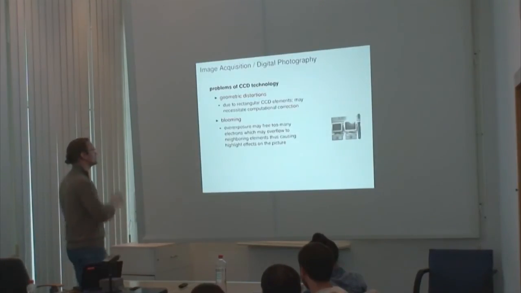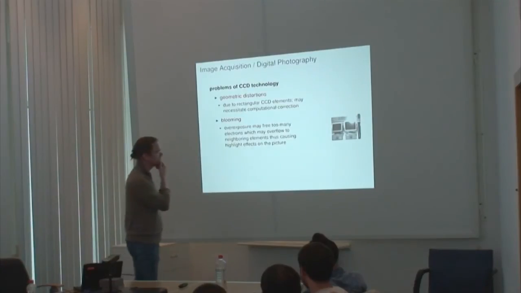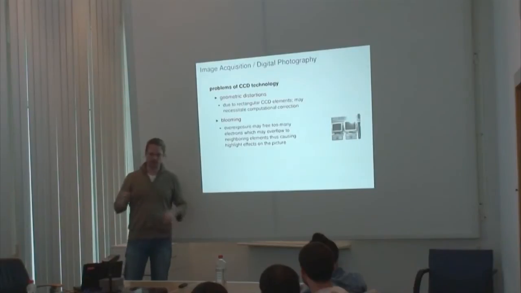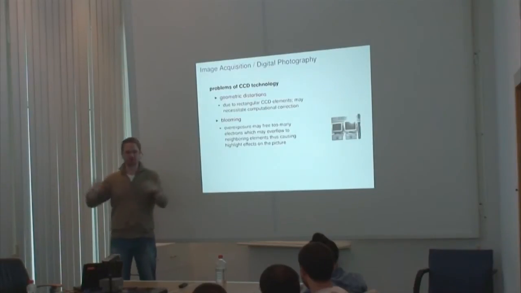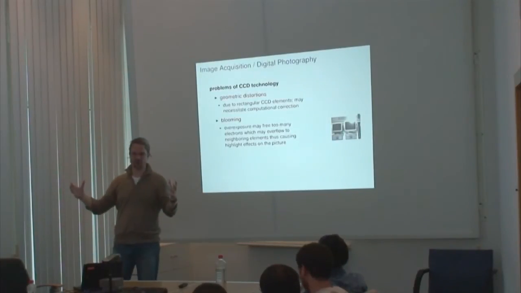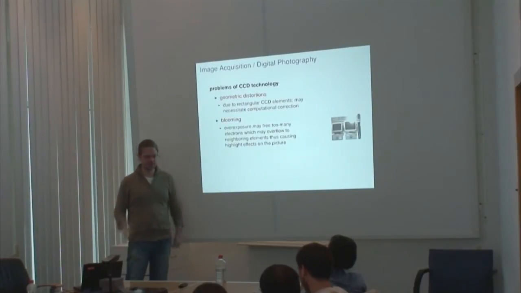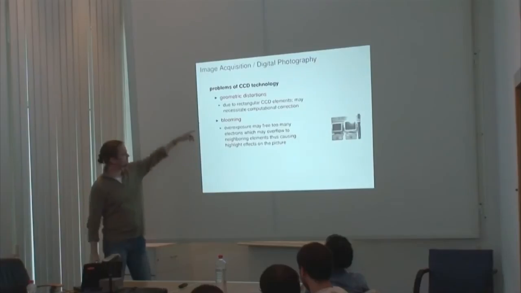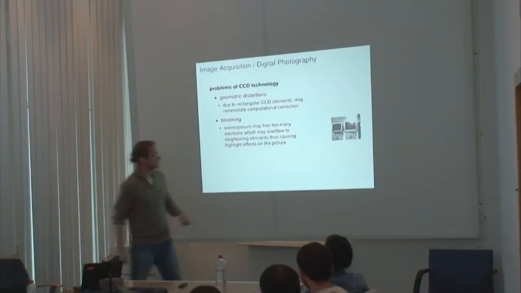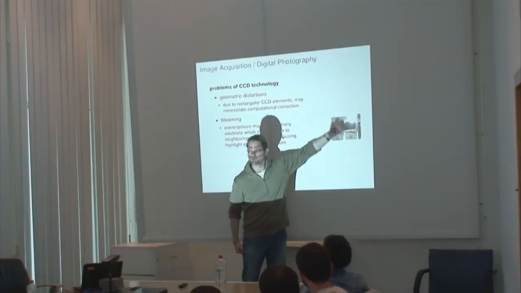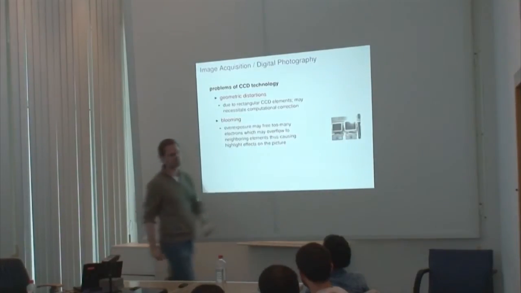Here is another problem with this CCD technology. I said that these tiny devices can store up to a certain amount of electrons, up to a certain amount of charge. And if that is exceeded, we can observe something that is called blooming. Can everybody see this line here? Is the beamer good enough?